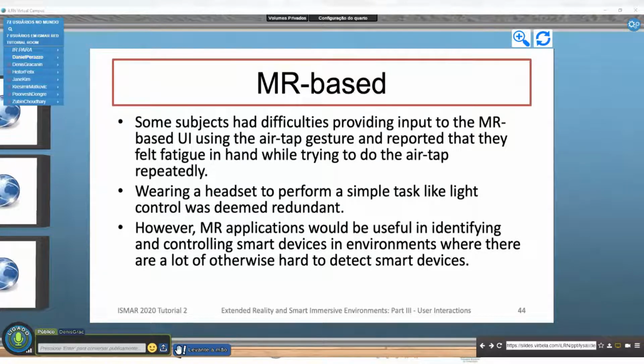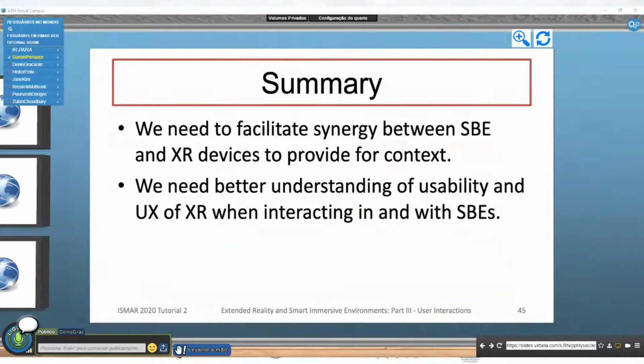In summary, when we think about user interaction in smart immersive environments, what is important is to facilitate synergy between smart environments and extended reality devices, especially when providing context. That can be in two ways.